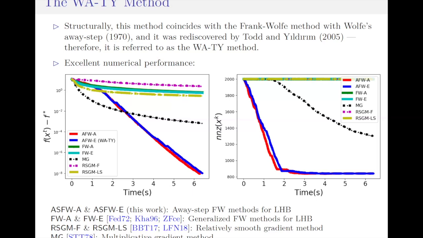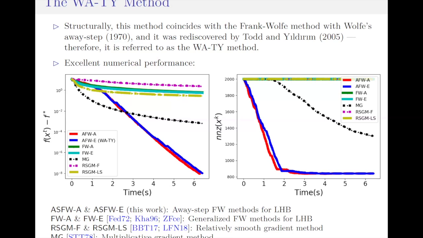And this is not the end of the story. What is more encouraging is that, suppose we want to obtain a sparse solution, because a lot of times we desire a sparse solution. For this D-optimal design problem, the variable x lives in the unit simplex, so it is very natural to talk about the sparsity of the iterates. For all of these other methods, if you look at the number of non-zero elements of the sequence of iterates, most of the methods are fully dense. They generate iterates that reside in the relative interior of the unit simplex.